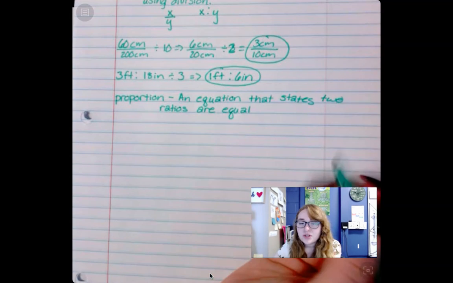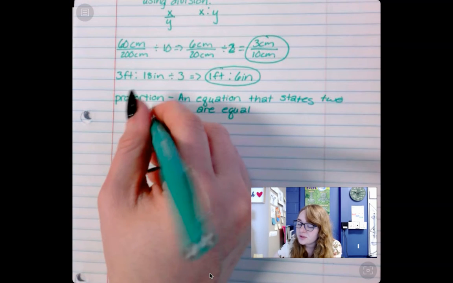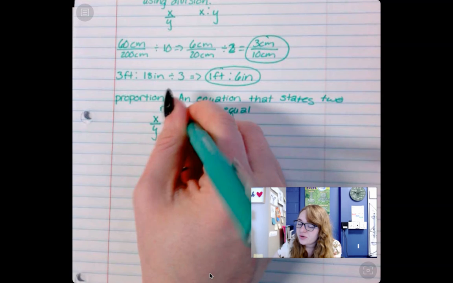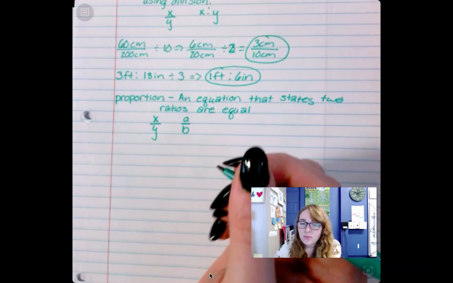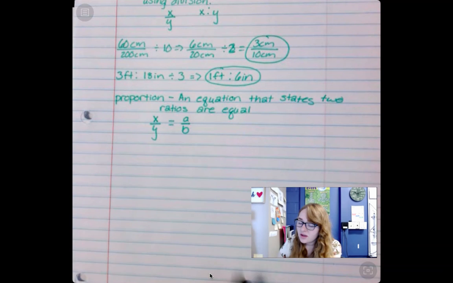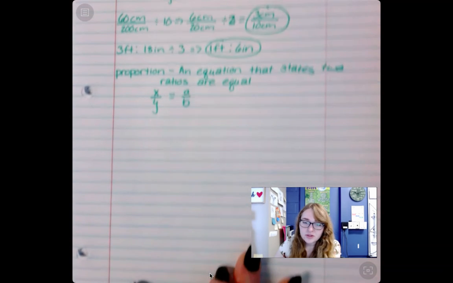If we have two ratios, I'm just going to use variables here. If we have a ratio x to y and a ratio a to b, a proportion would set these two ratios equal to each other. Let's go through some examples of those as well.